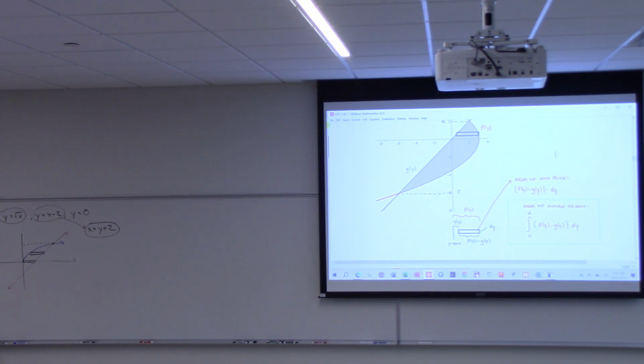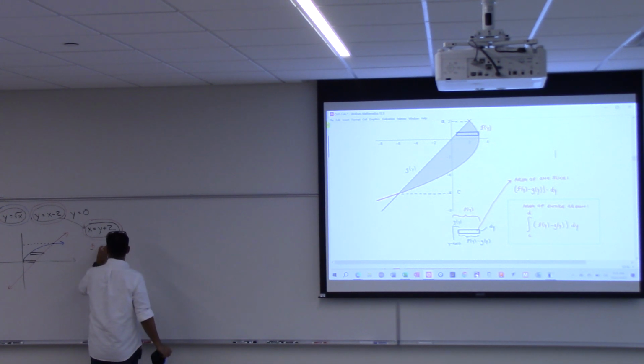Okay. Let me color code this again. The red one was the line, right? This one. The blue one was this square root one. But now I've switched those, right? I've switched this to this. The red one is on the right. I like to call the one on the right f.